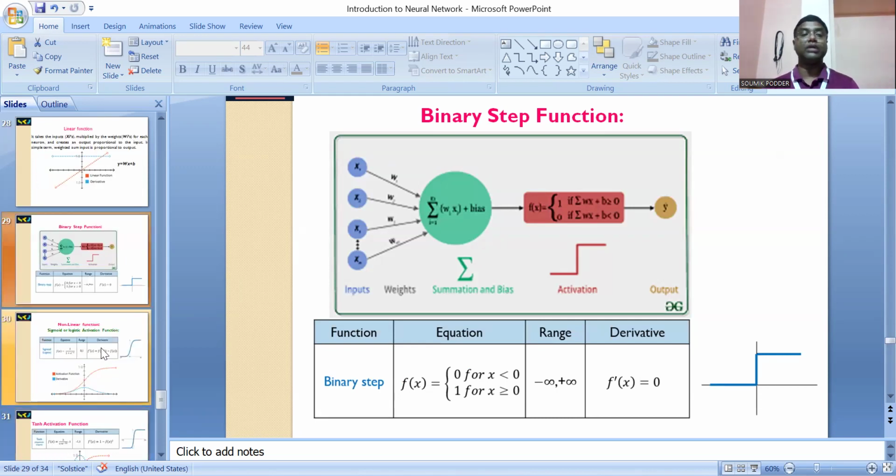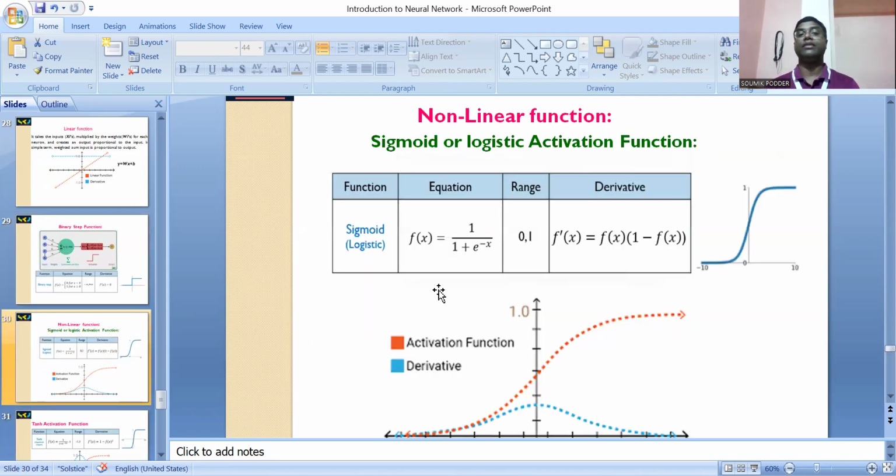Coming to the non-linear functions, the first one is the sigmoid or logistic activation. The function is f(x) equals 1 by 1 plus e to the power minus x. So the sigmoid function looks like this. It is non-linear, but the value will be between 1 and 0.